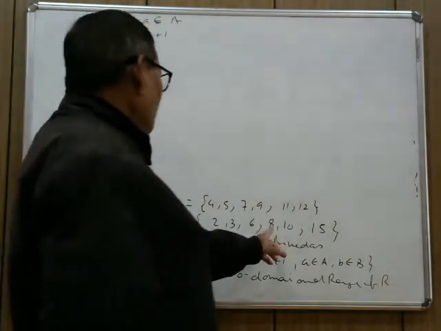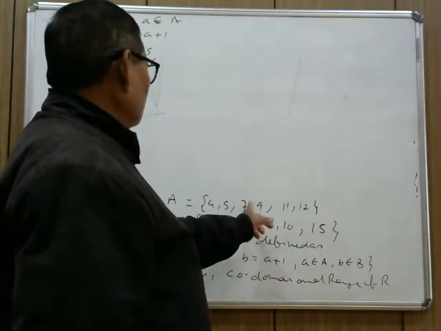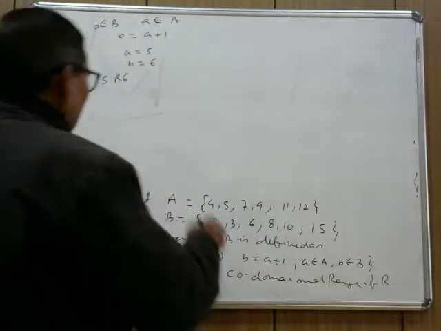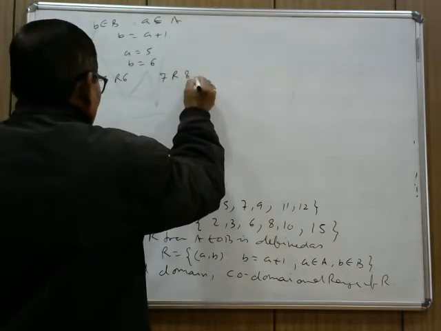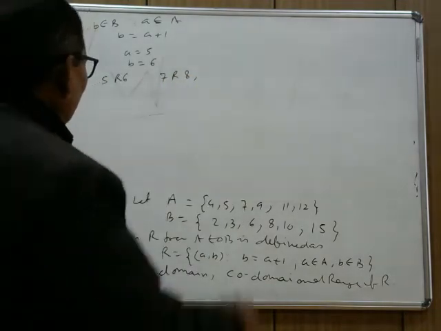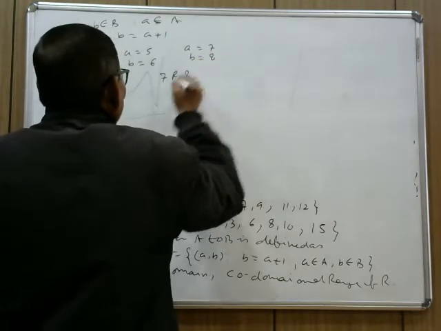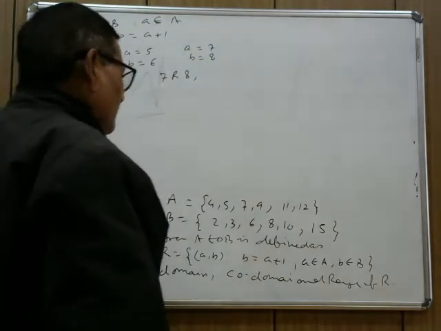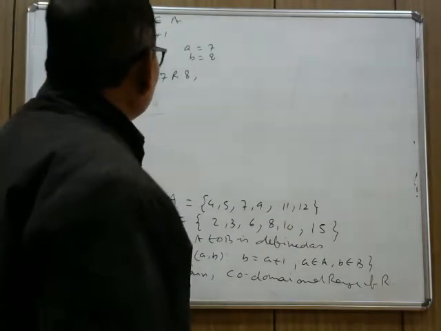Now go ahead. Next is 8. When you add 1 to 7, it will be 8. So 7 is related to 8. And next is 10. 9 plus 1 is 10.